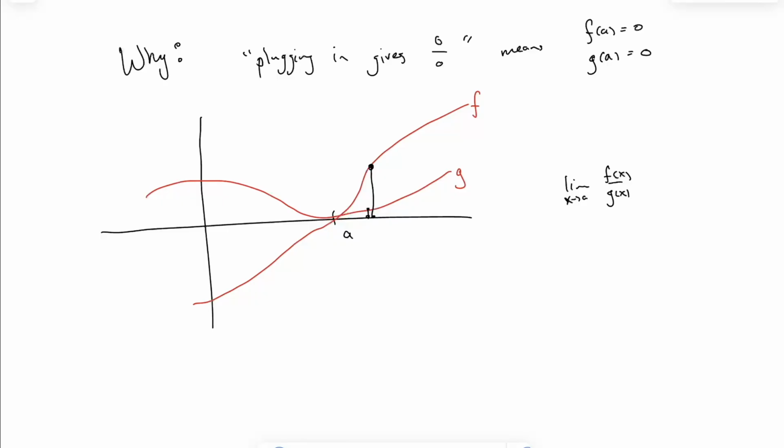It's the ratio of these heights. And since it's a limit, really I'm talking about the ratio of those heights when it's really close to a. When this whole picture zooms really close into a, I'm talking about this ratio, the height of the f divided by the height of the g.